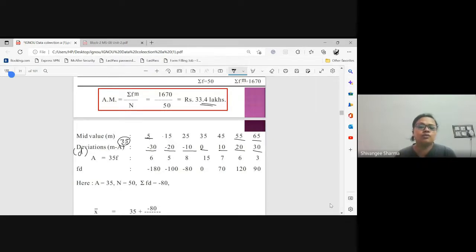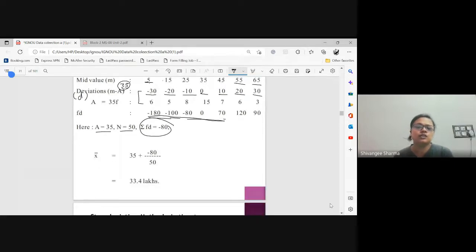Now what you have to do is multiply these deviations with the frequency. So 30 multiplied by f, which is 180, and so on. You just multiply, and then you add all these values. The addition is quite simple now, and it is coming minus 80, then we have 50, and the assumed mean is 35, which we have assumed.